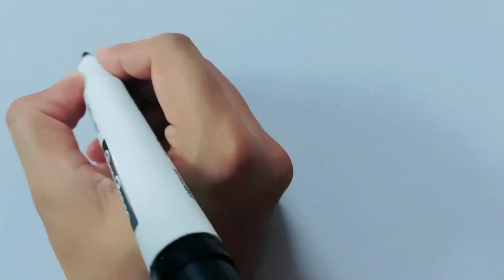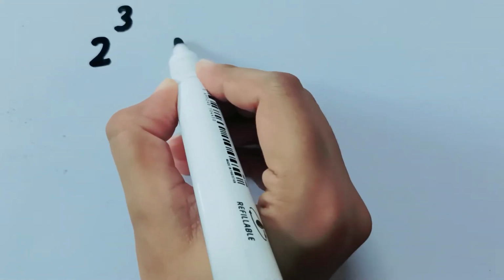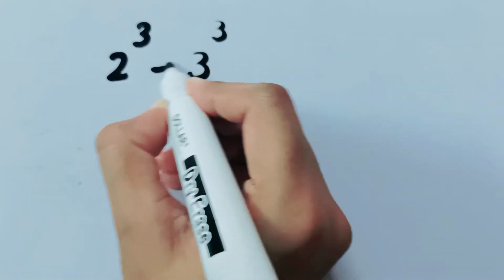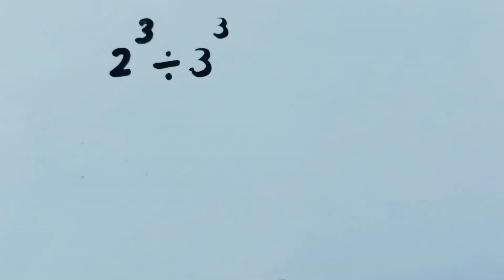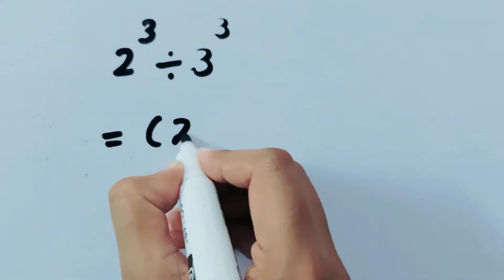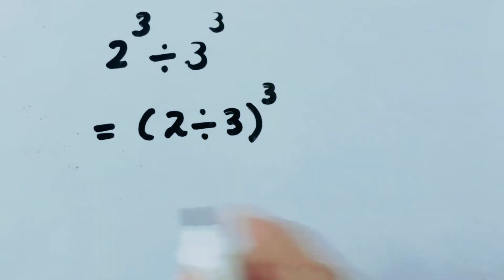If I have different bases like 2 raised to power 3 and 3 raised to power 3, and I am going to divide the given terms, then simply I will write it like this: 2 divided by 3 whole power cube.